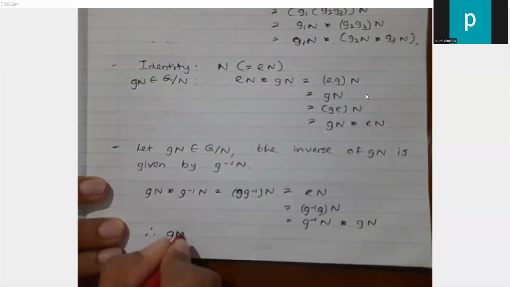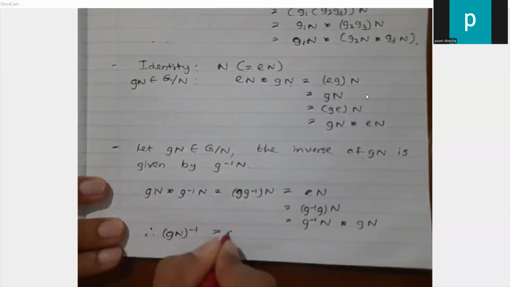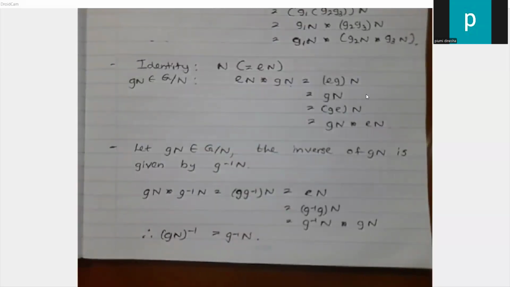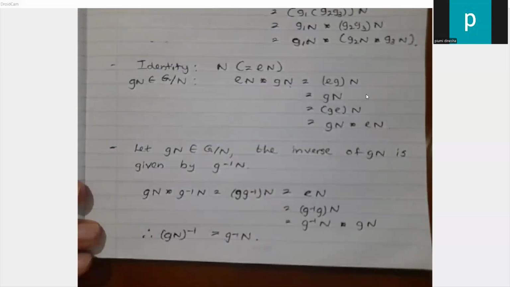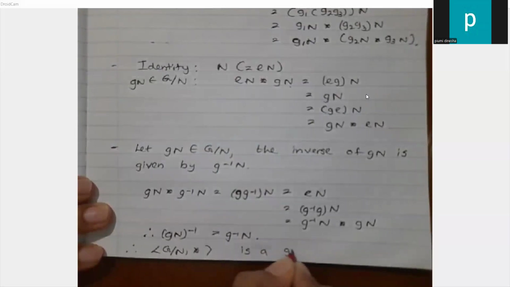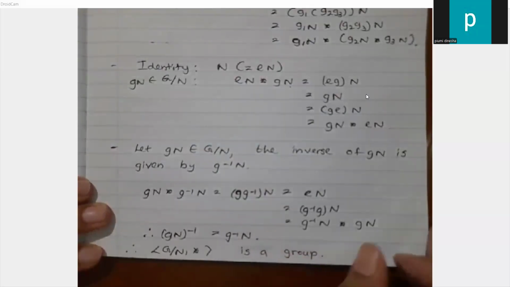Therefore, we see that the inverse of gN is simply g inverse N. Therefore, all axioms are satisfied, and we see that this, by star, is a group.